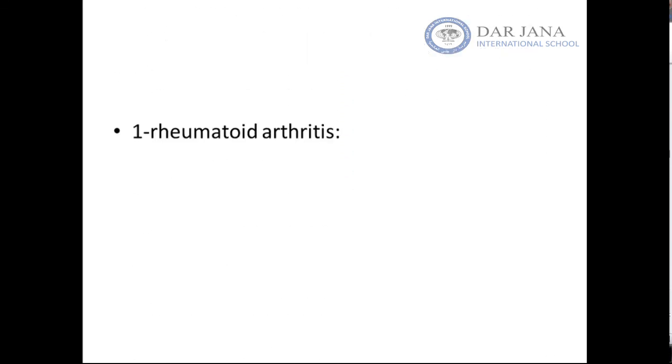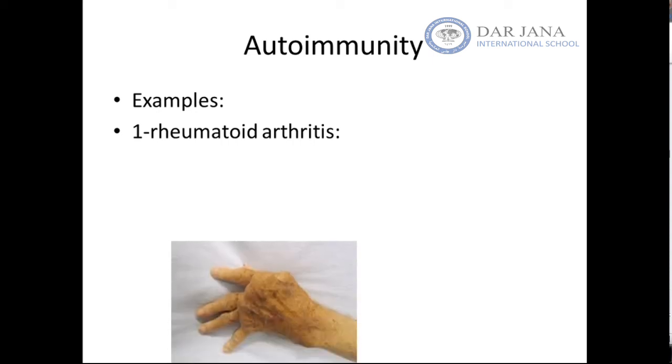Examples are rheumatoid arthritis, which is the first example. As we said, in autoimmunity, the body will form antibodies that will fight its own tissues.